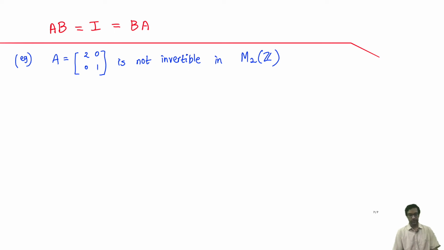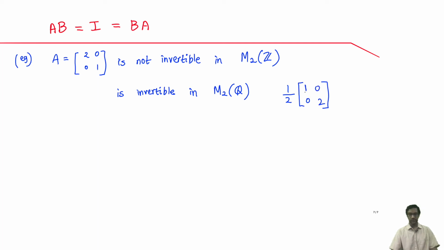It's invertible as an element of M2 of Q, and in fact if you use the usual way to compute the inverse, it's 1 by determinant of A times the transpose of the matrix of cofactors, which in this case is this.